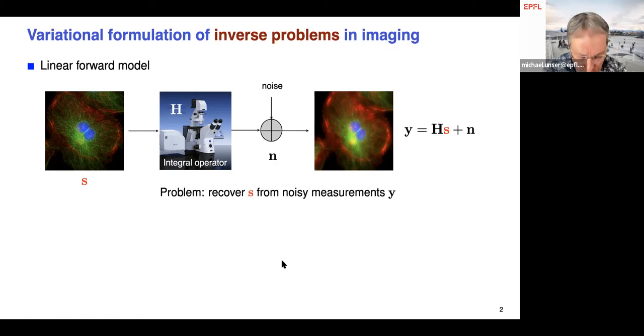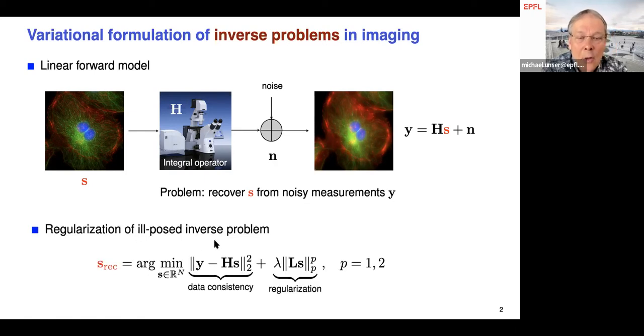So how do we usually solve this problem? We write it as an optimization problem using regularization. You're trying to find a solution s, the desired object that you try to recover. You know the physics, it's H, and you have the measurements y.